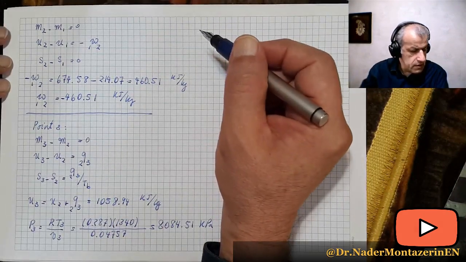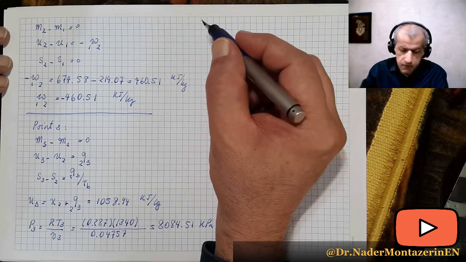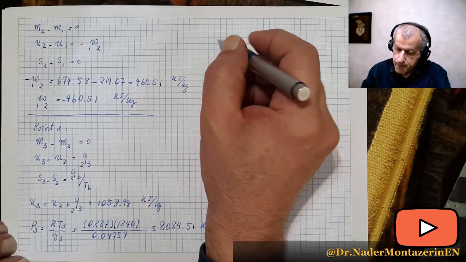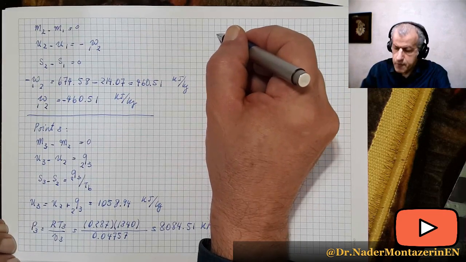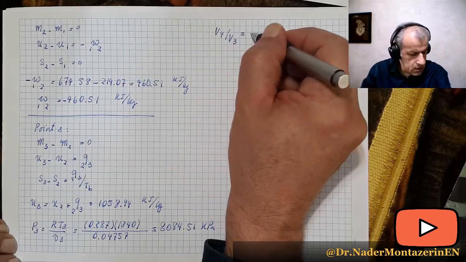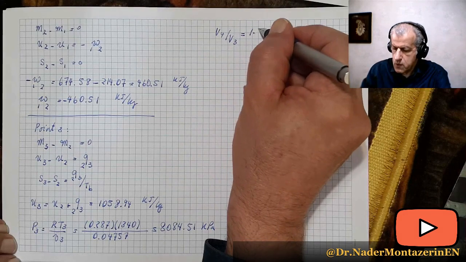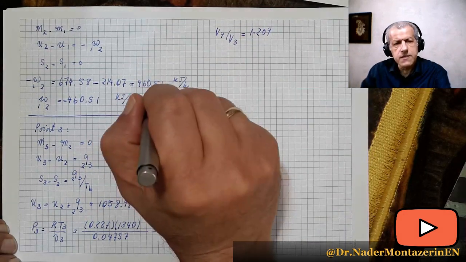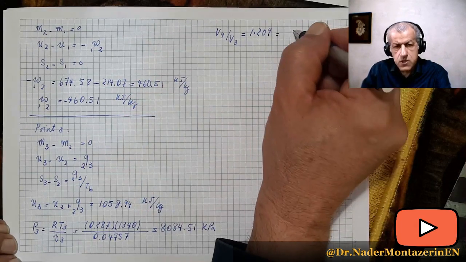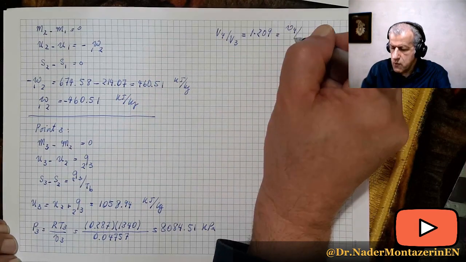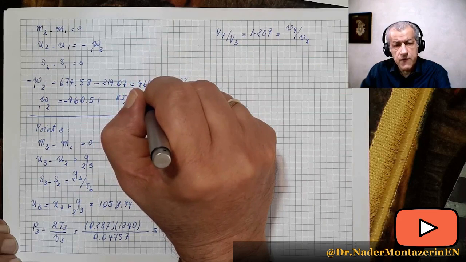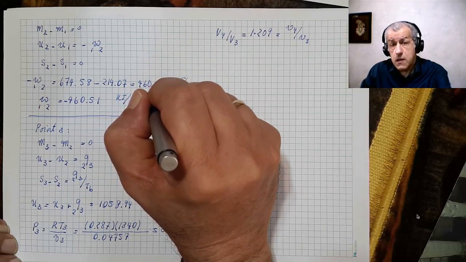We are told that V4 over V3 equals 1.209. This is the information we are given, and since there's no change in mass, it is also the ratio of specific volumes. The process 3-4 is constant pressure.